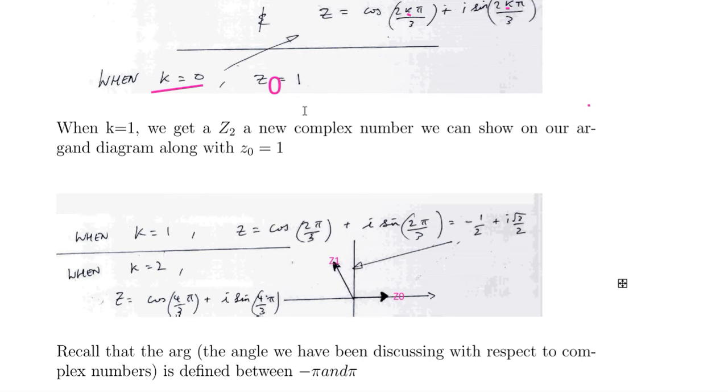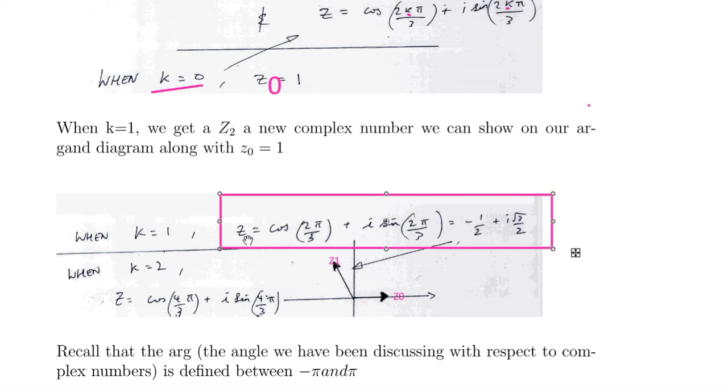And what do I mean by that? Well, it means that if I plug in k equals 1 into these circumstances, you'd have, as you can see here, cos 2 thirds pi plus i sine 2 thirds pi, which is minus a half plus i root 3 over 2. And you can see that produces this angle here, like so. And this also satisfies what we needed for z cubed equals 1.